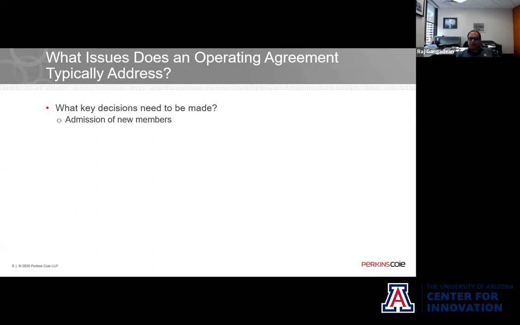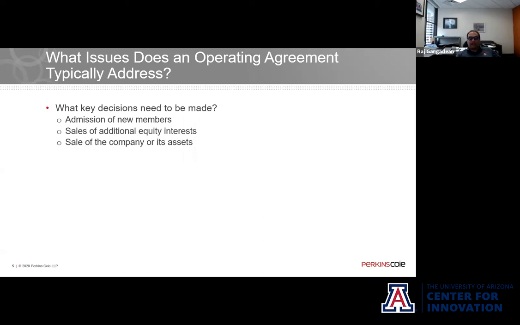If you have 3 members, what kind of consents are needed? Does everybody have to agree before a new member is added? Sales of additional equity interest, that's related. If you want to add a new member and you want to raise money and you want to bring somebody in, how much you sell that additional equity for is a key decision that gets made.